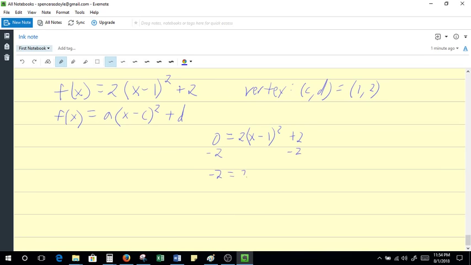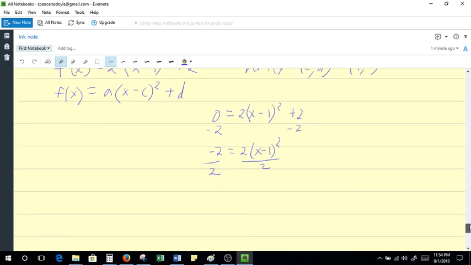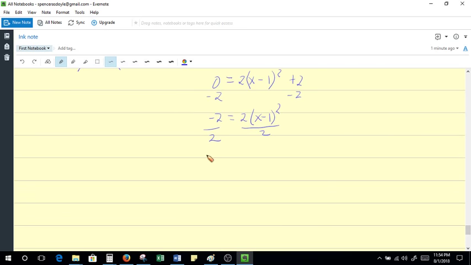Negative 2 equals 2 times (x minus 1) squared. We're going to divide by 2 now. So that will simplify to negative 1. Those 2s will cancel. We'll get (x minus 1) squared.